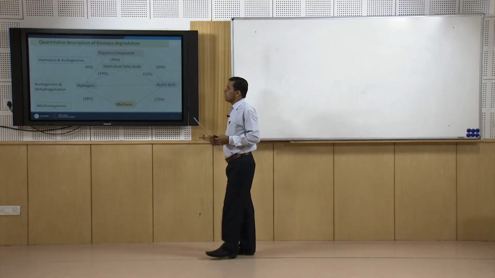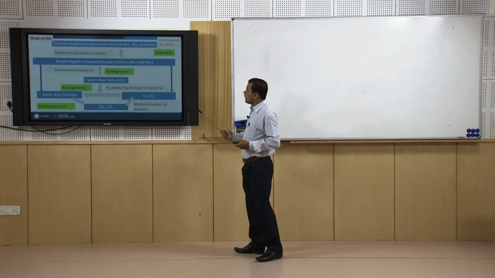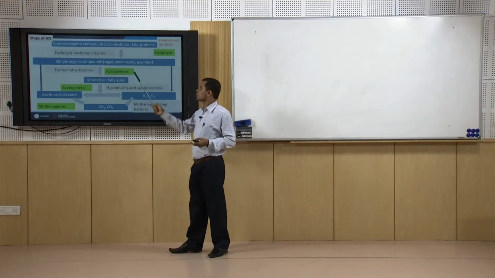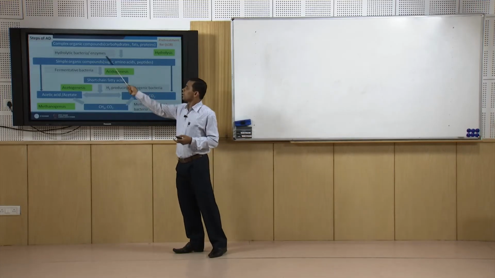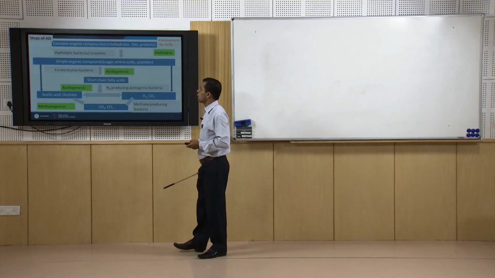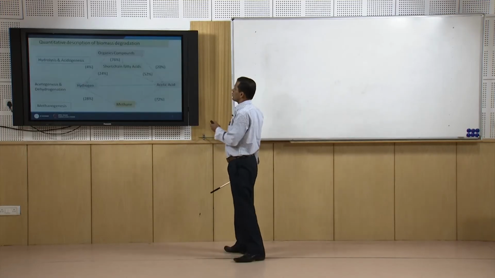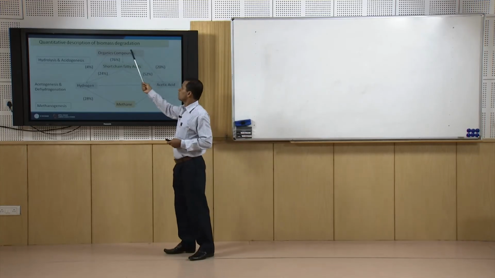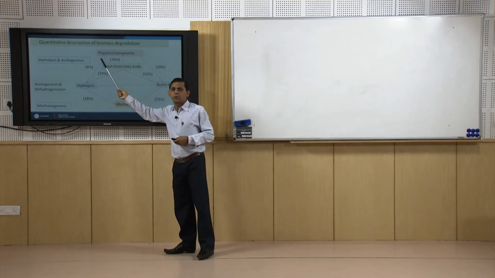Now, we will see the contribution of different steps, that is, typically how much each step contributes to the overall AD or anaerobic digestion process. Here we are considering organic compounds, not lignocellulosic biomass.